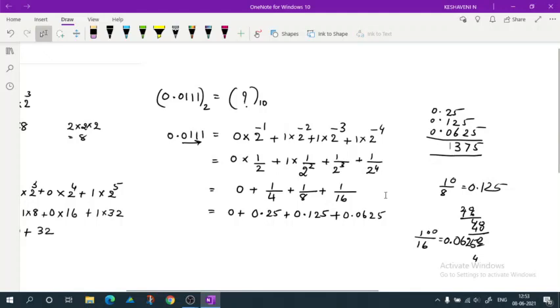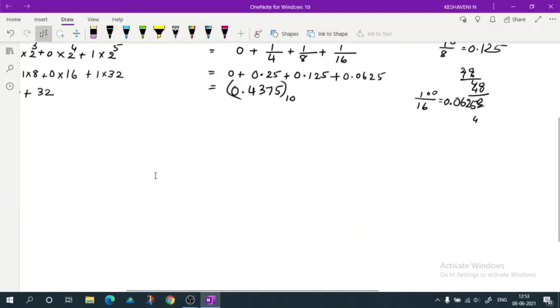That is 4. And this is 0. Okay, 0.4375. This is 0.4375 in decimal.